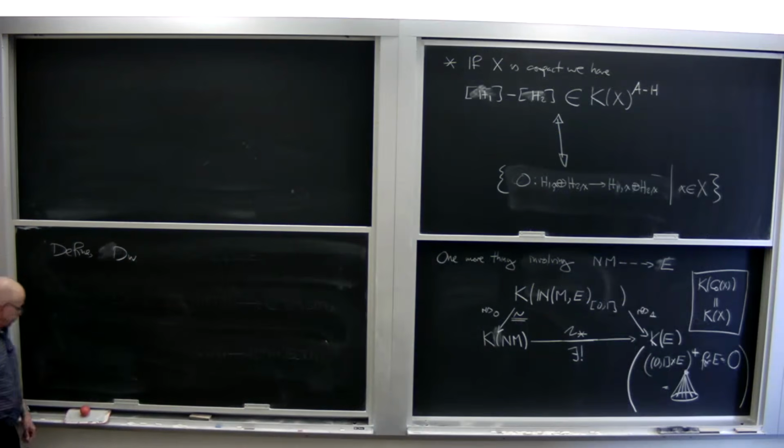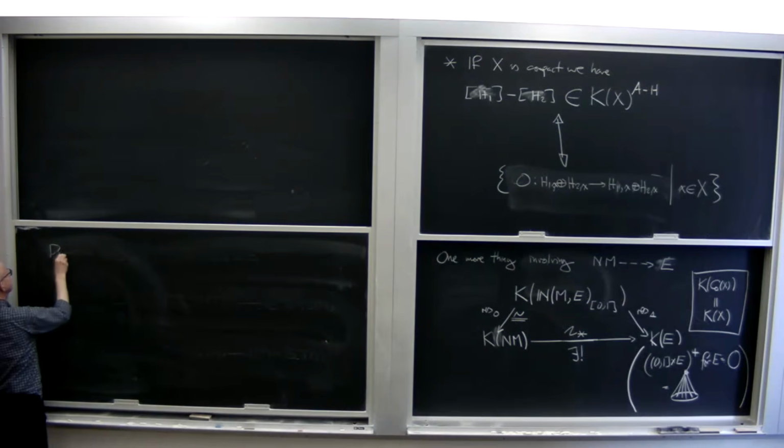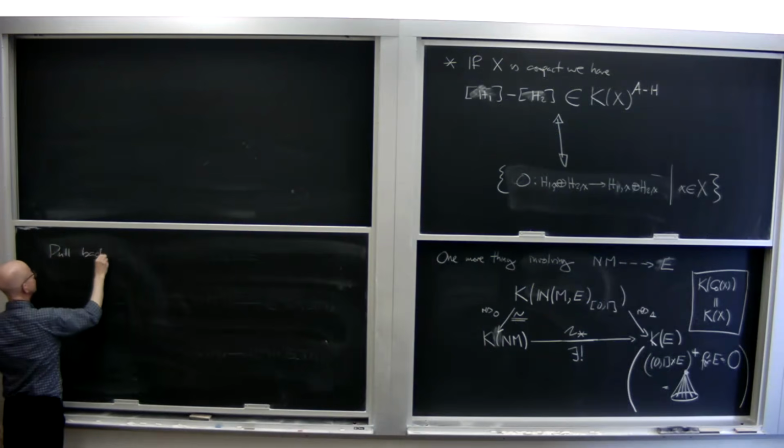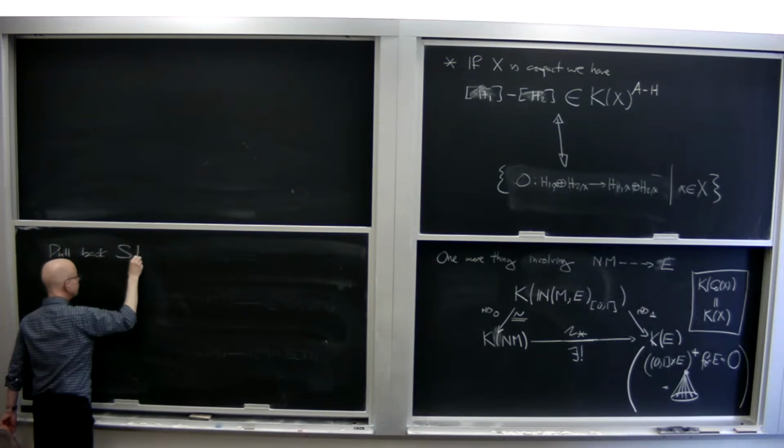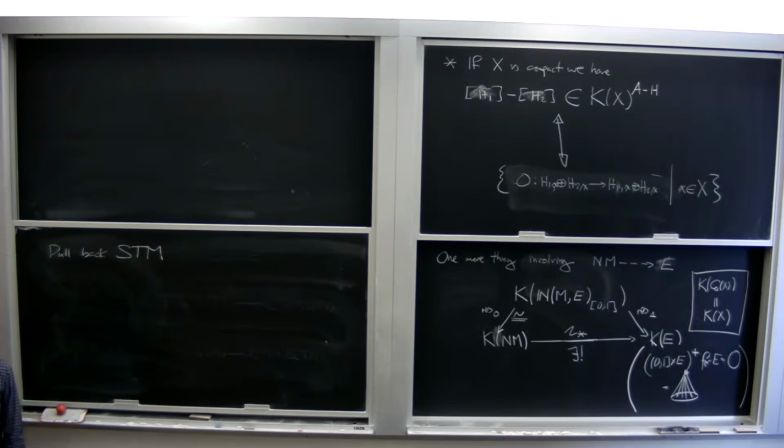So I'm going to build an operator. First of all, I need a vector bundle. Here's the spinor bundle on whose sections our Dirac operator acts.